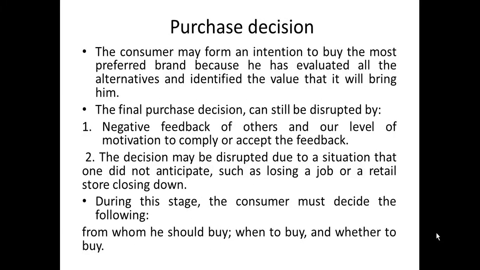You may change your mind. The other thing that can interfere with buying a product is, for example, if suddenly the shop that you're supposed to buy from closes. You have no control over that, and they have no control over that. So the decision to buy will obviously be interfered with.